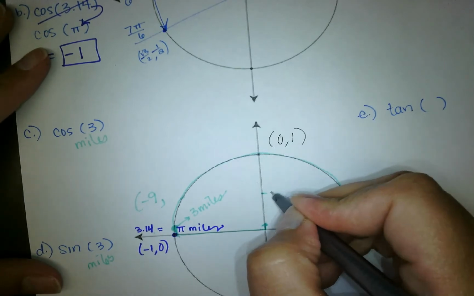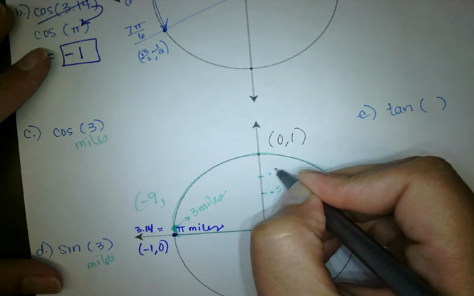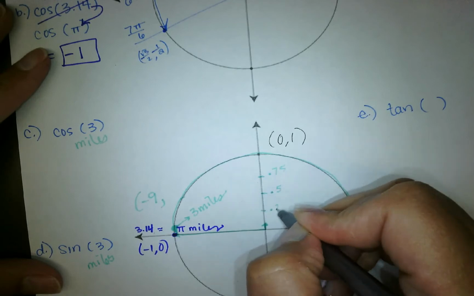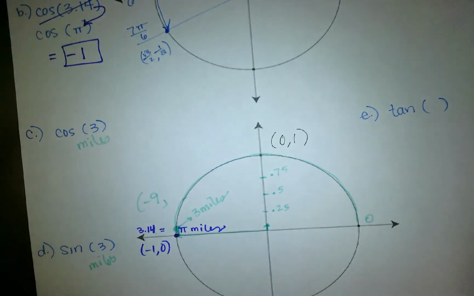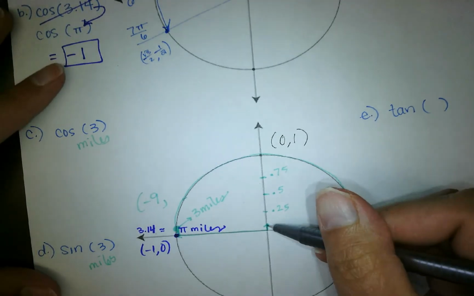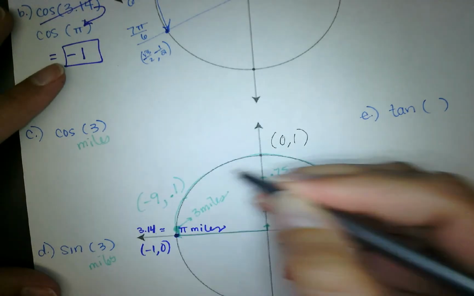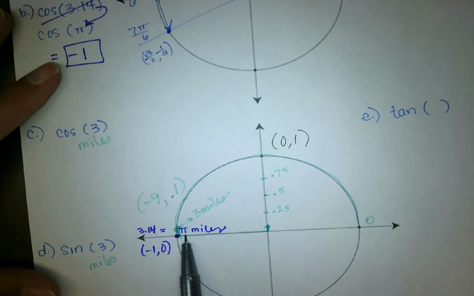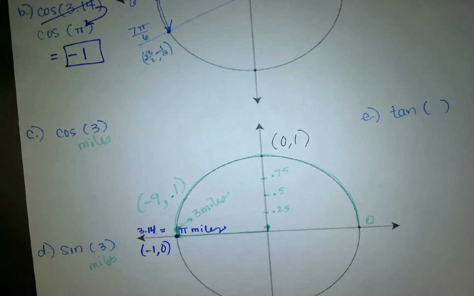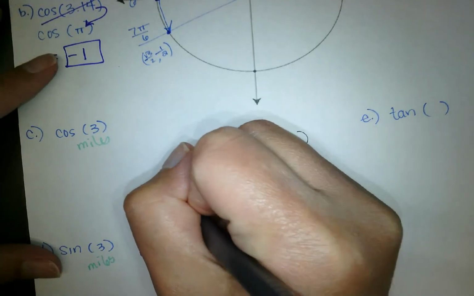So right here is about, what, 0.5, 0.75, 0.25, that's itty bitty, maybe that's 0.1, barely. So 0.1 would be your y value to get to this point on the unit circle. So over negative 0.9, up 0.1. Maybe somebody said 0.01, that's fine, that's probably a better approximation.